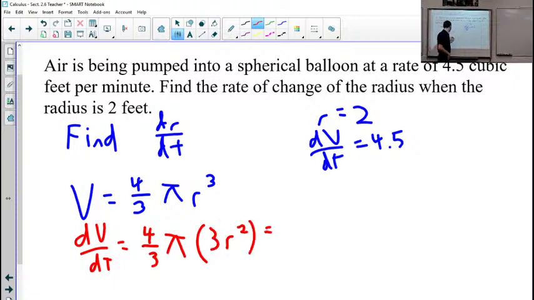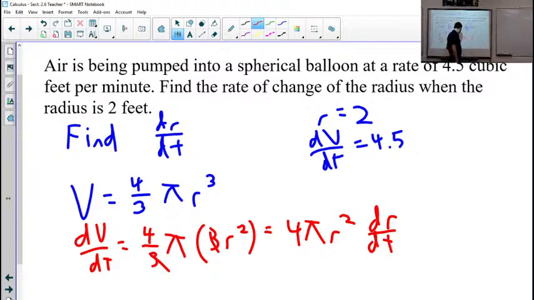So in other words, 3's cancel, and I have 4 pi r squared dr dt. I took a derivative of r, so I need a dr dt. And we are trying to solve for dr dt.